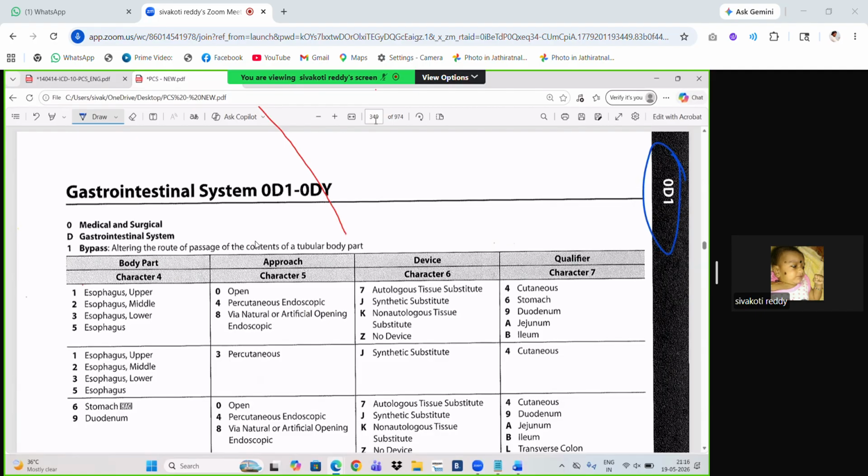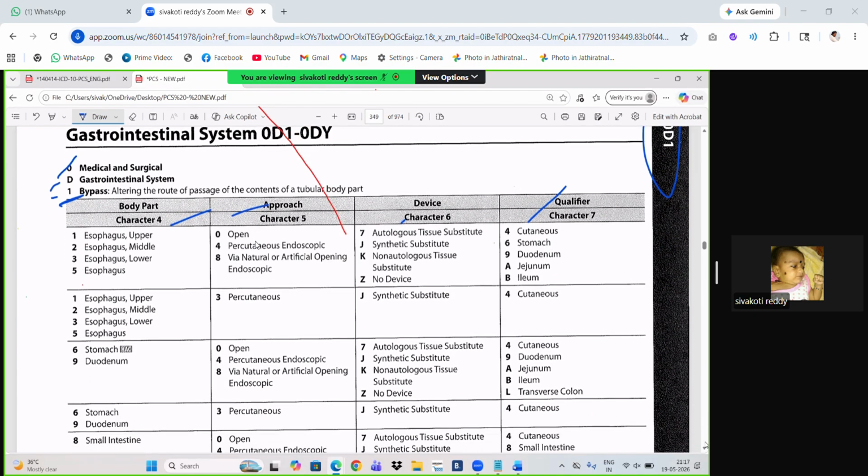In the top, you will get 3 characters, and they divide the table into body part, approach, device, qualifier. We need to look for the remaining characters here. Now, 0D1, but what do we need? 0DT for appendectomy. So for 0D1, first we get the numbers, then letters, guys.